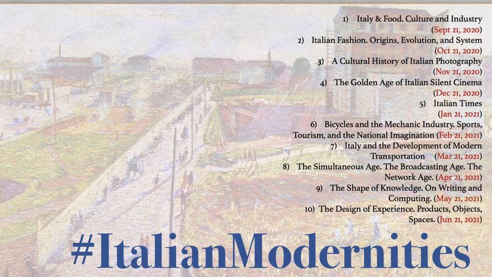So, for example, in the development of computing. And lastly, we'll talk about Italian design in advertising, in the drawing, in the planning of objects, and in the designing of spaces in architecture. So the lessons of Italian modernities will be released on every 21st day of each month until June.